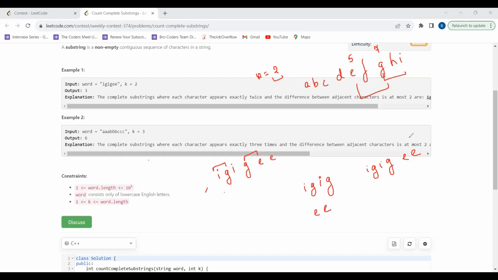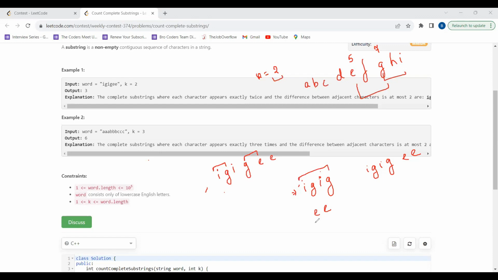Can we form any other substring which is complete? First of all, the unique characters should occur exactly k times, and k here is equal to 2. In the first substring, we have two unique characters, I and G, both occurring 2 times.